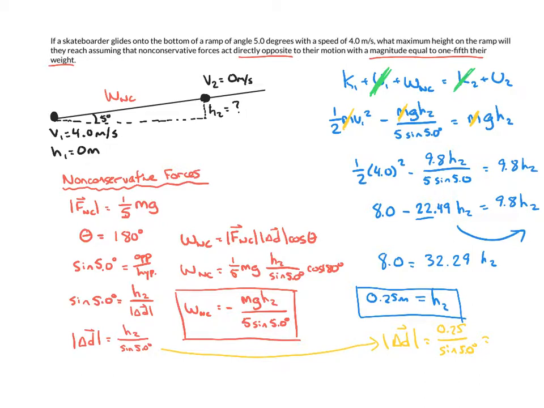Okay, so it's actually 2.8 meters in terms of the displacement along the ramp. That still doesn't seem like very far, but that's what the math says, so that's what we'll go with.